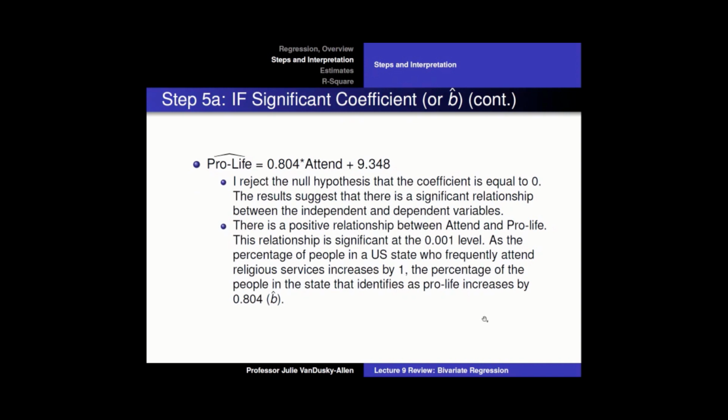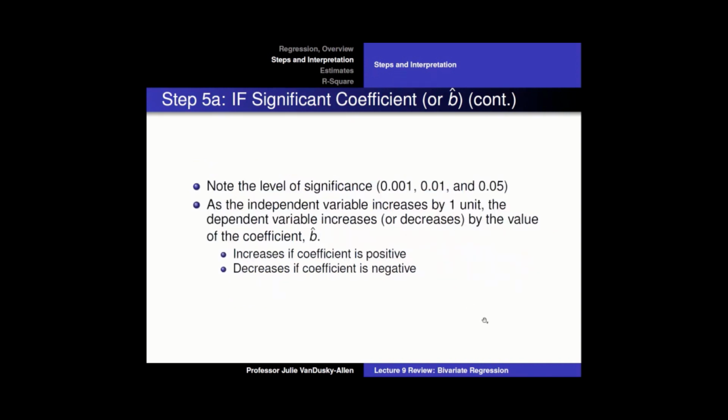Now I want to make one last point. This is the last thing you're going to do when you interpret the coefficient. You will say as the independent variable increases by 1 unit, the dependent variable increases or decreases by the value of the coefficient b hat. If it increases because it's positive, you don't have to do anything to b hat to interpret it.